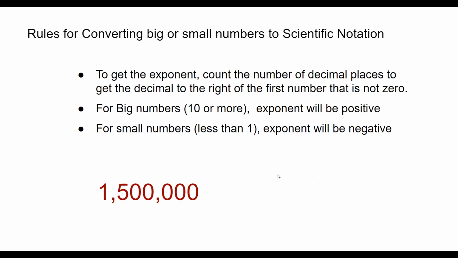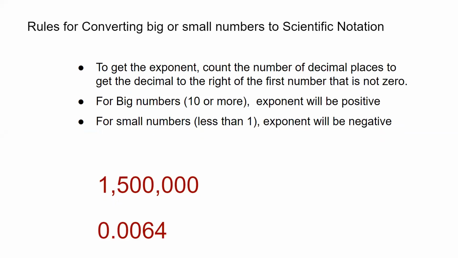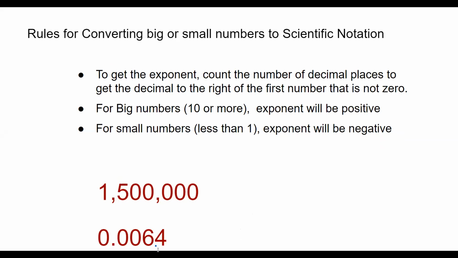Okay, let's take a look at a small number. In this case, we need to move our decimal point right there between the 6 and the 4. And notice we're going the other way. That's because it's a small number. 1, 2, 3 decimal places.